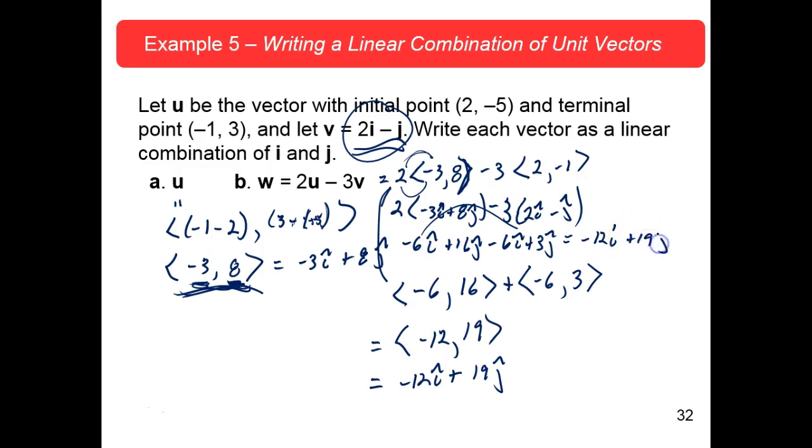That would have been a little easier, using the linear combinations from the very beginning. Either way works. Does that make sense? Any questions?